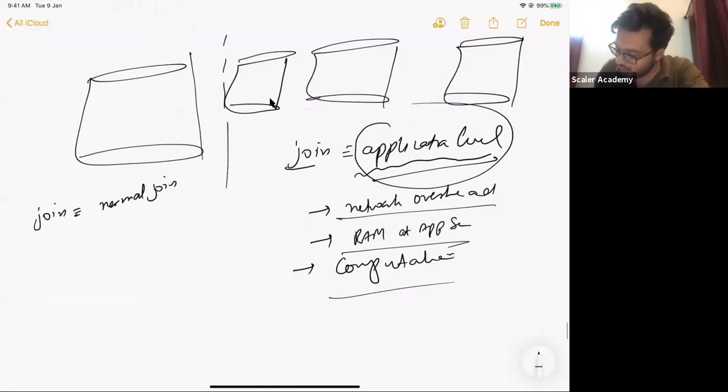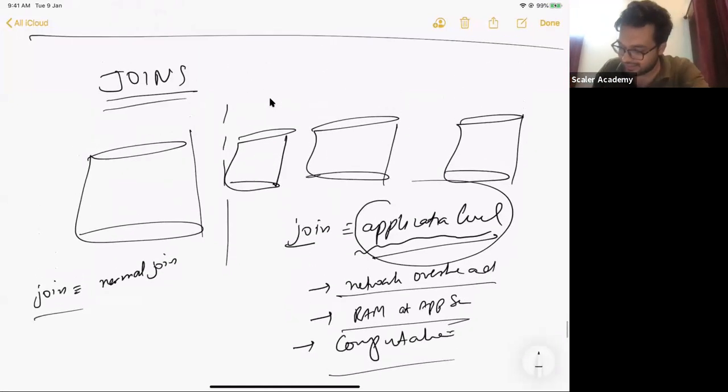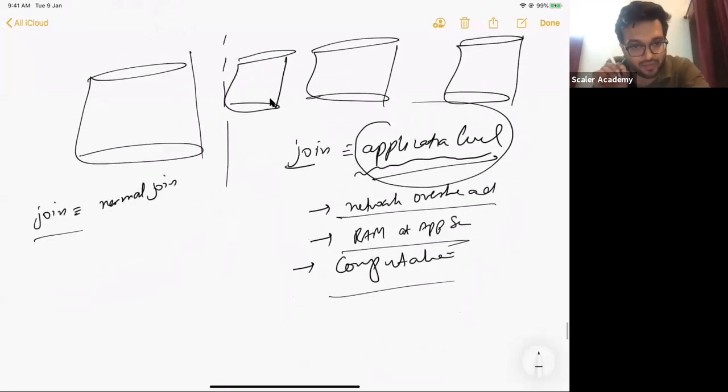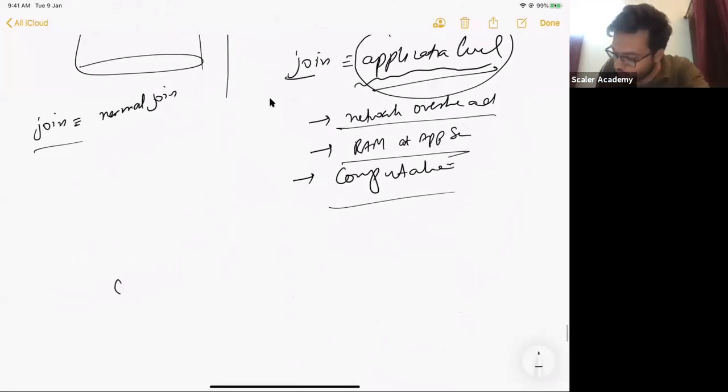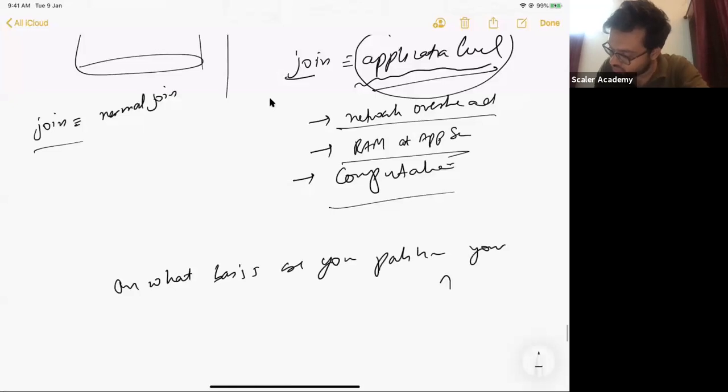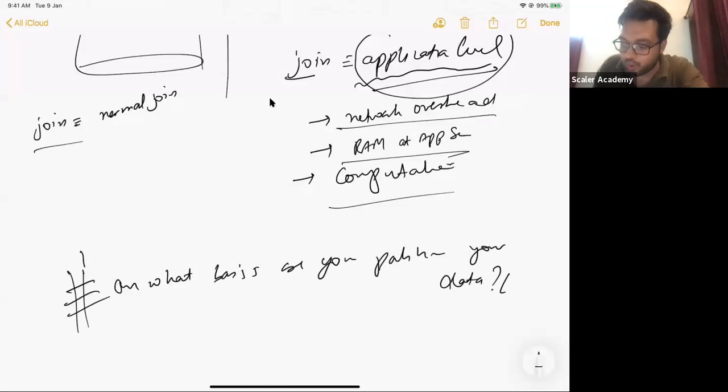Cool. So now we realize these things. Now there is one very, very important thing that becomes a lot more important just because we realize this. It's that on what basis are you partitioning your data? Does that make sense? This becomes very, very important.